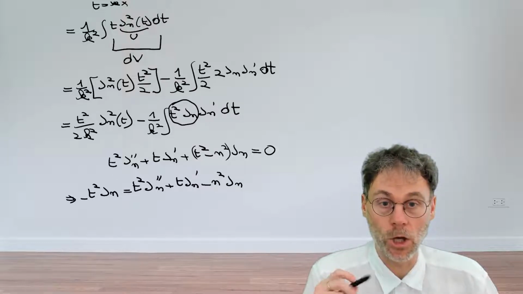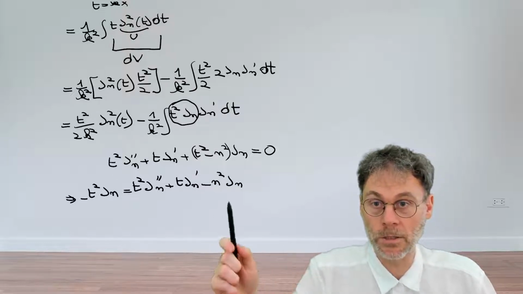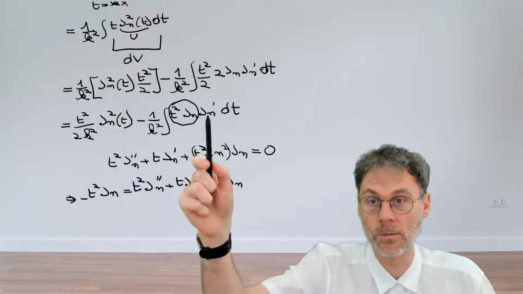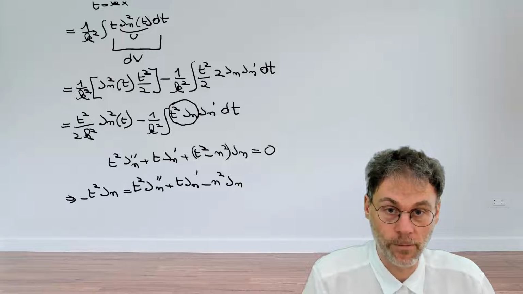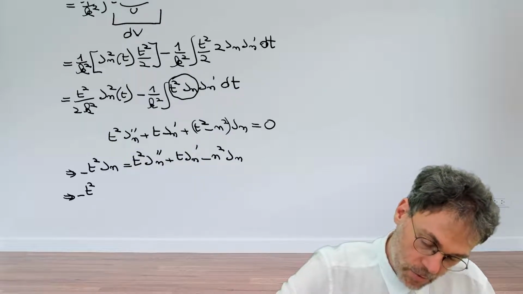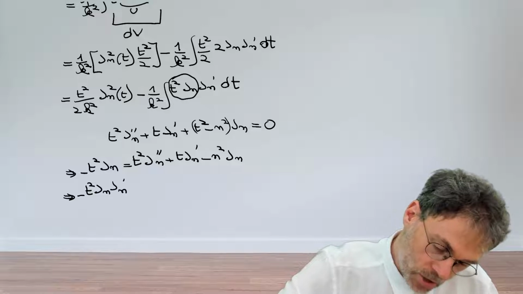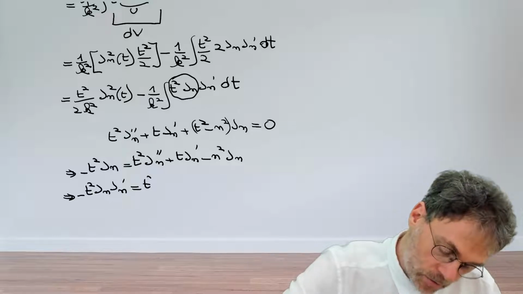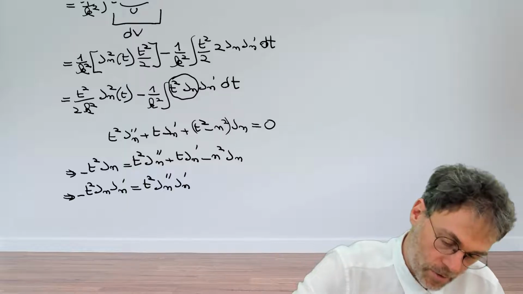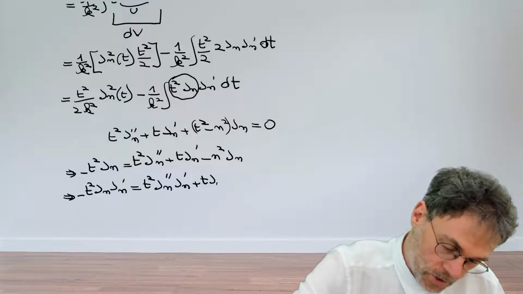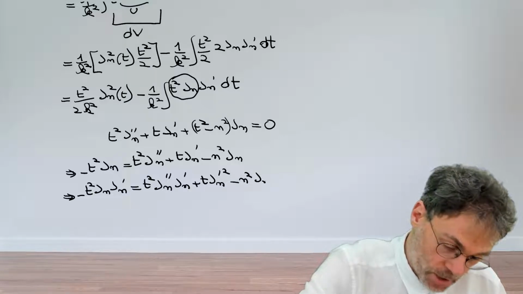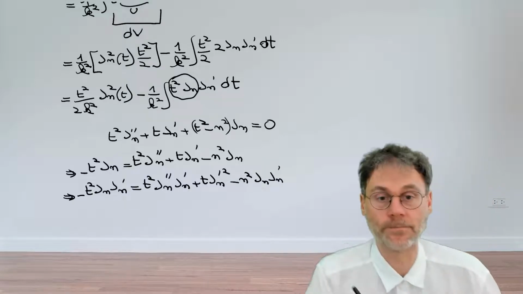Okay, good. That's the first step, but remember this is not our integrand because we need to multiply here by J_n prime. So let's do that next. Minus t squared J_n J_n prime is equal to t squared J_n double prime J_n prime plus t J_n prime squared minus n squared J_n J_n prime.